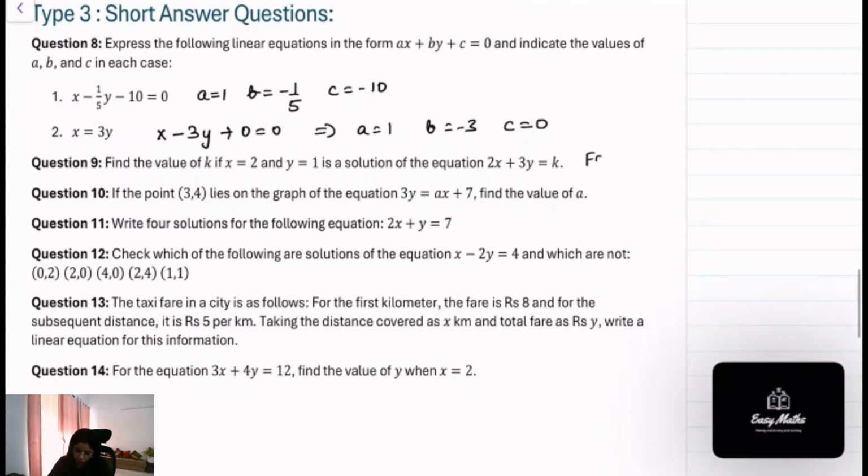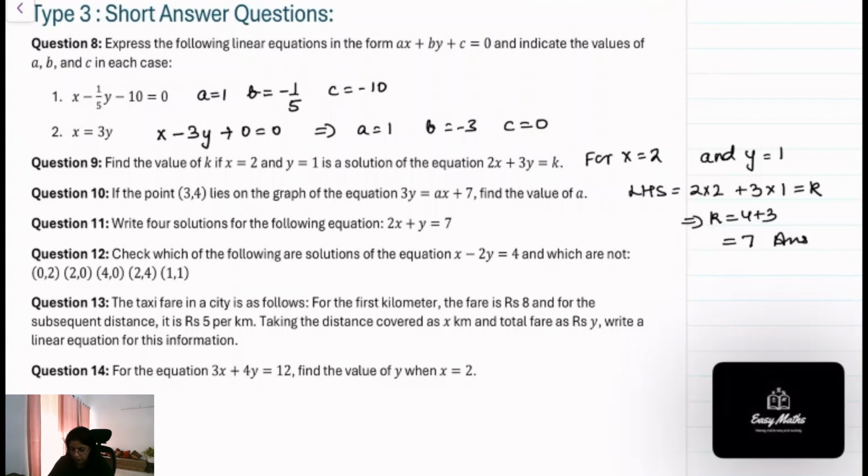So for x is equal to 2 and y is equal to 1, LHS is equal to 2 into 2 plus 3 into 1 is equal to k. It implies k is equal to 4 plus 3, that is 7. This is your answer for question number 9.